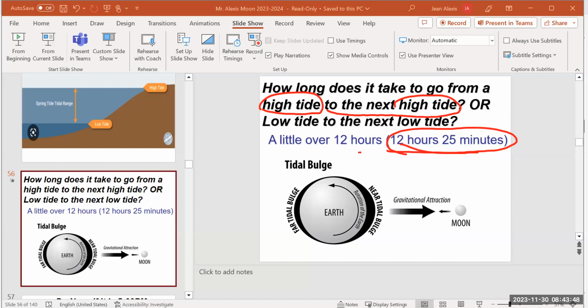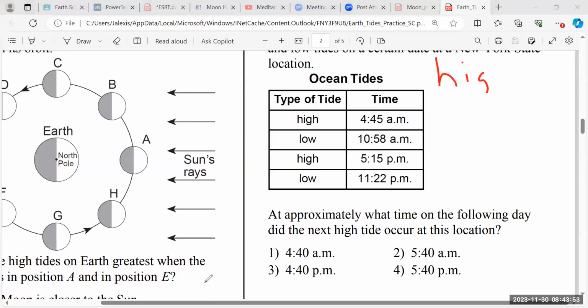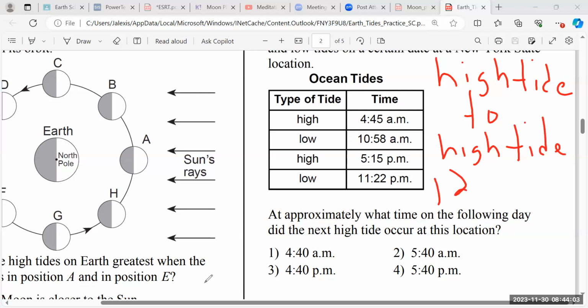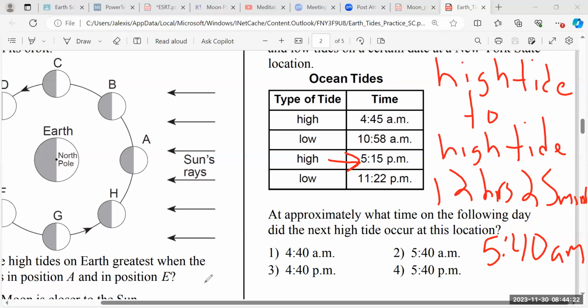So therefore, when I'm going back, remember that we said to go from a high tide to the next high tide is going to be 12 hours and 25 minutes, all right? So if the last high tide was 5:15, 12 hours and 25 minutes later will end up being 5:40 a.m., right?